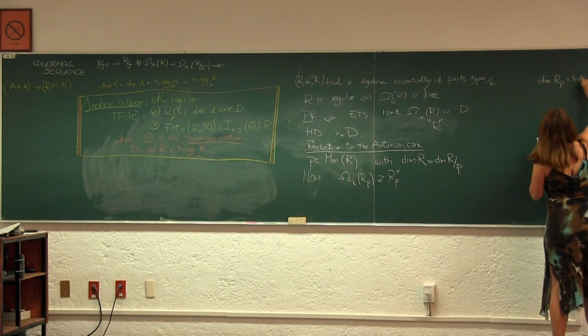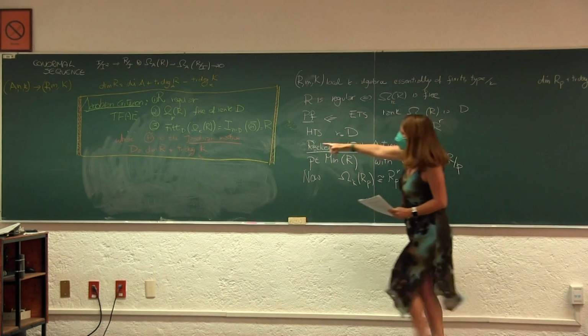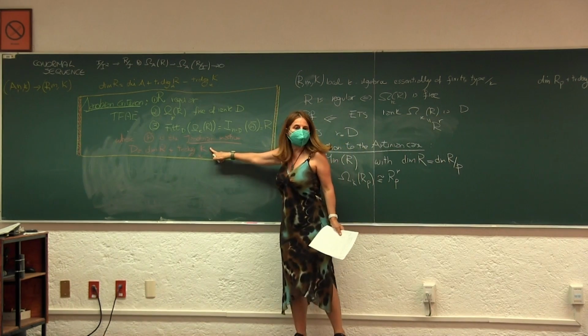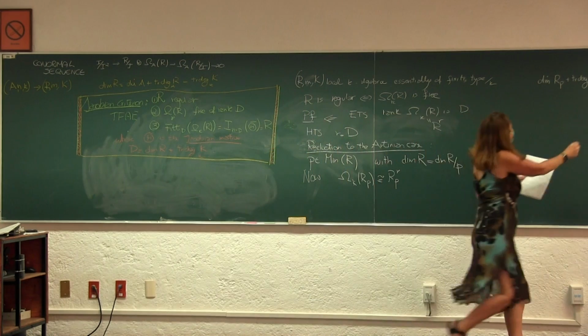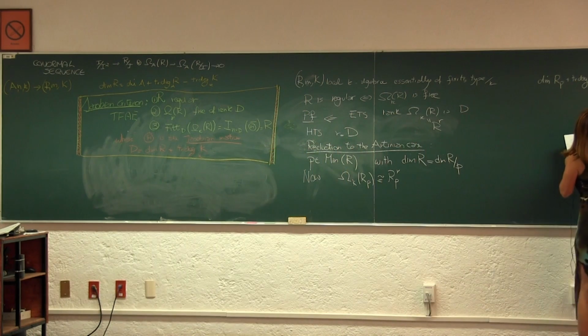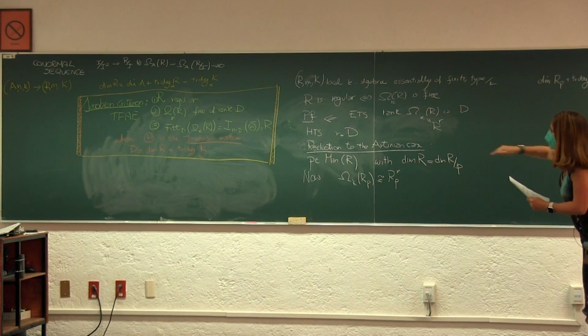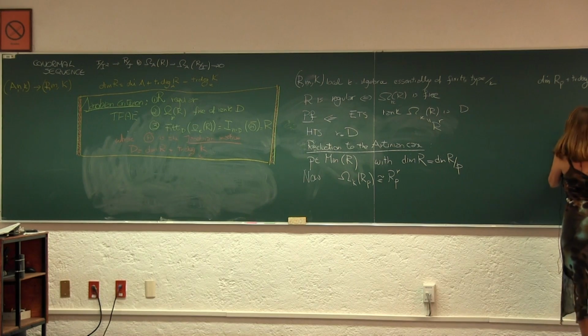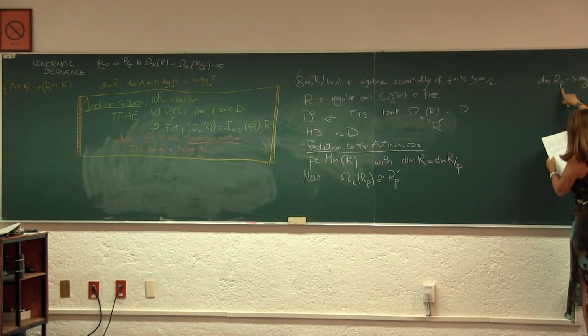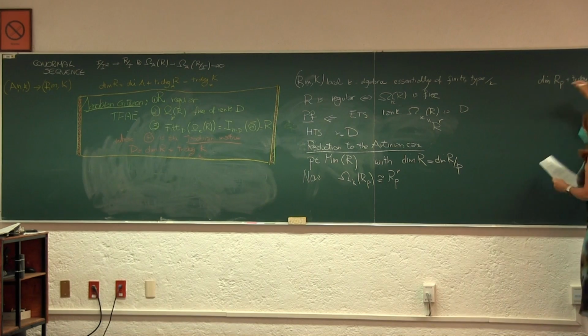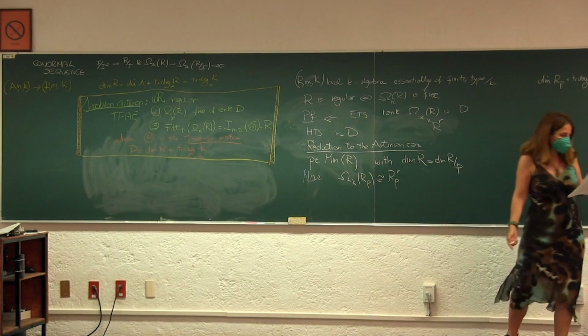The transcendence degree is the dimension of R_P plus the transcendence degree of the residue field of R_P over K. Now this dimension is 0, because remember this was a Artinian case.